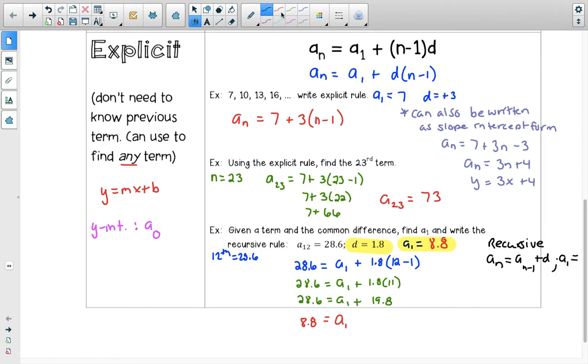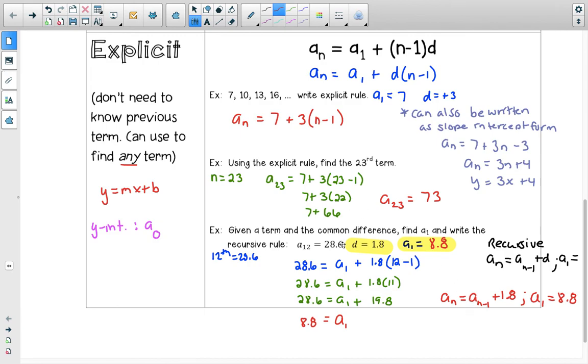So our next, which we don't know, we're going to write as a sub n equals our now, a sub n minus 1, plus our common difference, which was plus 1 8/10, semicolon, so starting at our a sub 1. So a sub 1 is equal to 8 8/10. And this would be our recursive rule.